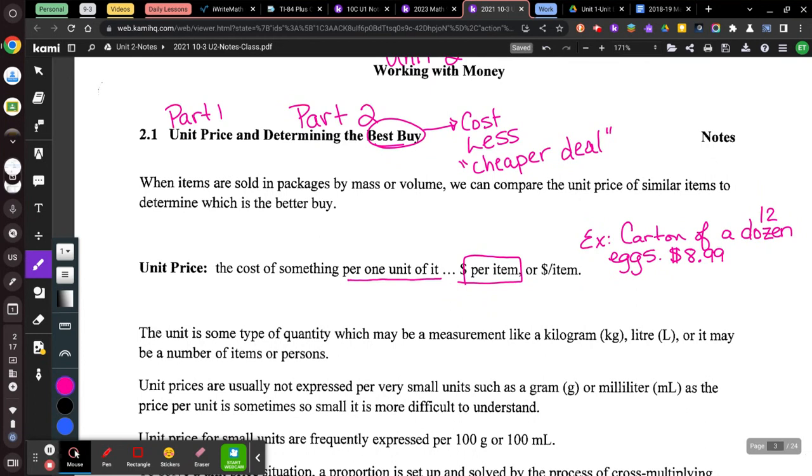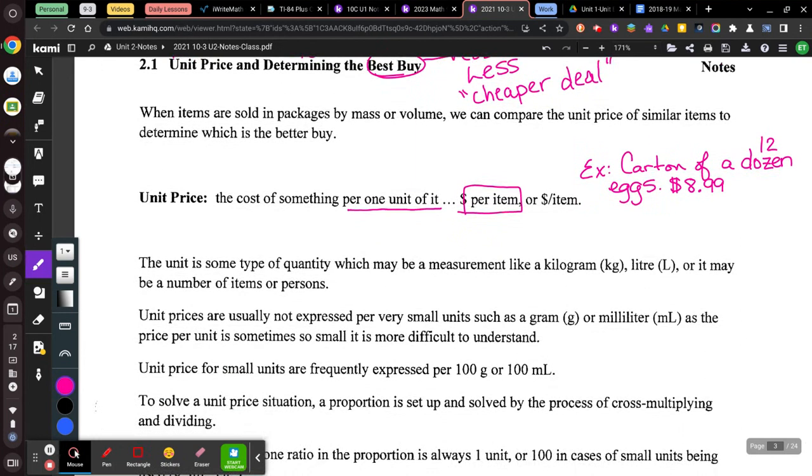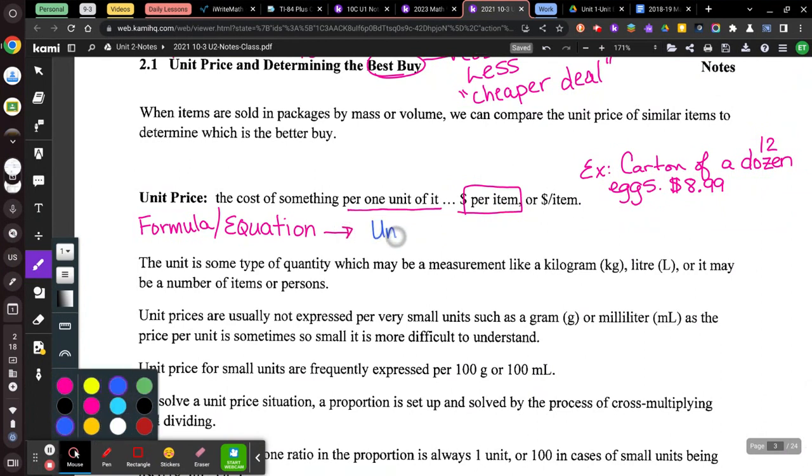So if I wanted to know what the cost of one egg would be, we always do it with this type of a formula. So here is our formula, formula/equation. And this is how we find it. So we are going to say unit price equals, it's going to be a fraction.